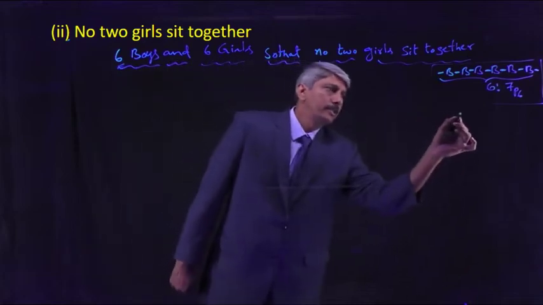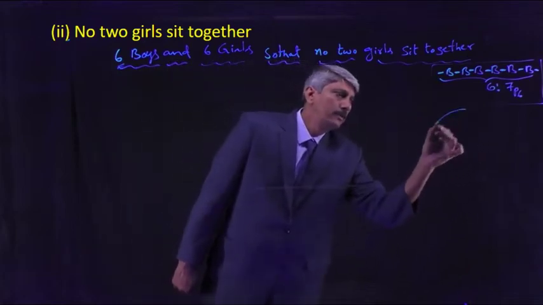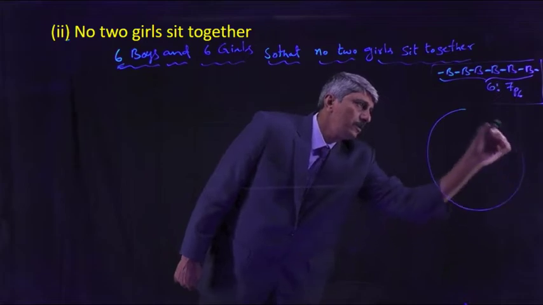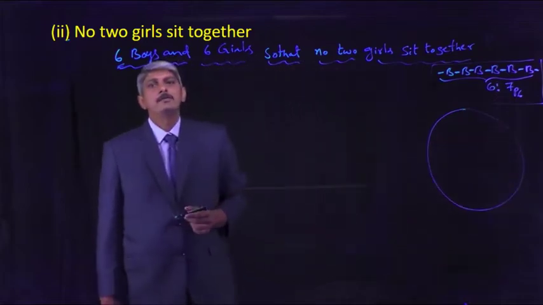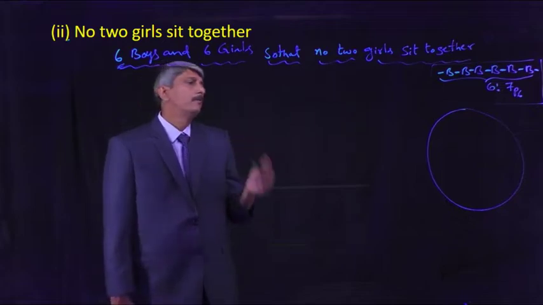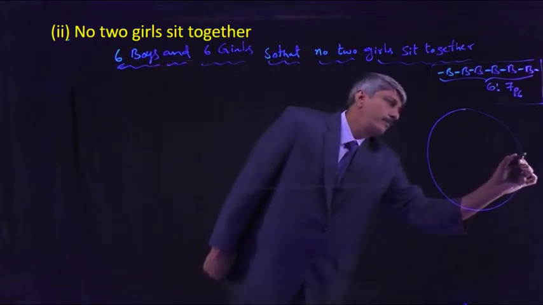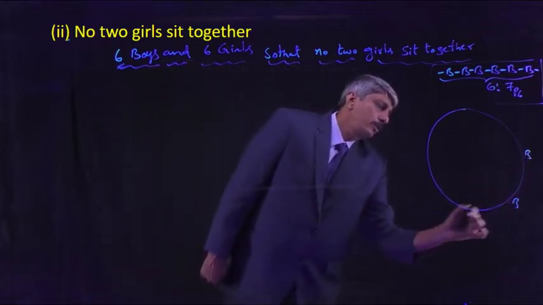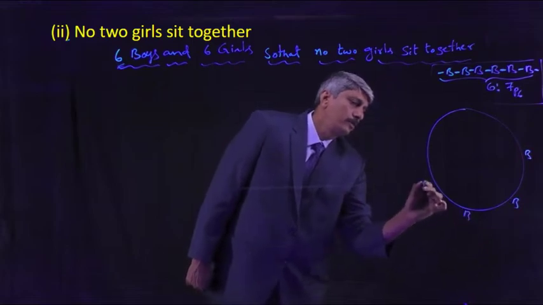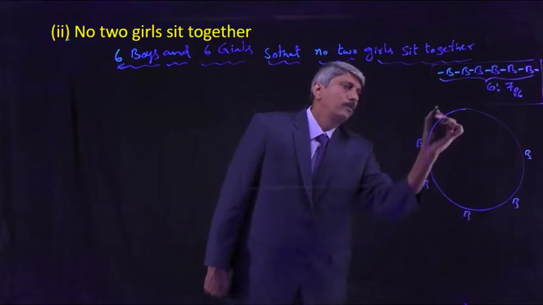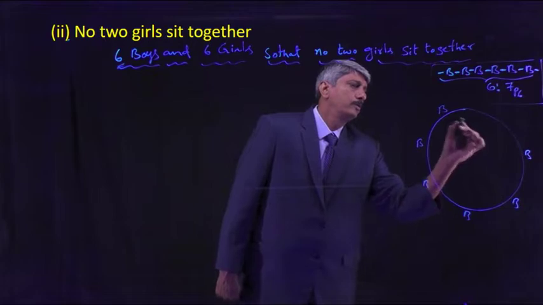So by considering a circle, first we arrange 6 boys around a circle in how many ways? 5 factorial ways. Boy, boy, boy, boy, boy, boy. So these are 6 boys.